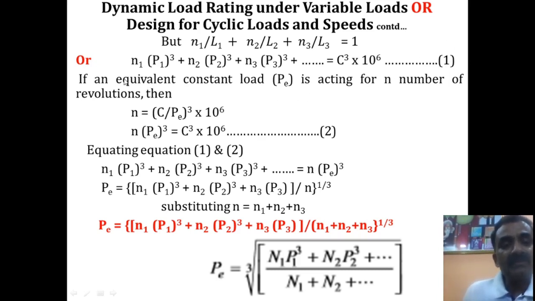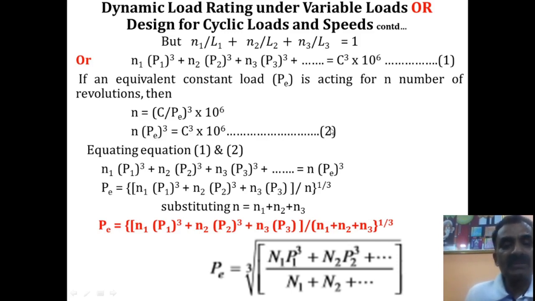But if the equivalent constant load for the complete cycle would be PE, and that would be for n number of revolutions, then on the same line we can write n equal to C upon PE cube into 10 to the power 6, or n into PE cube equal to C cube into 10 to the power 6.